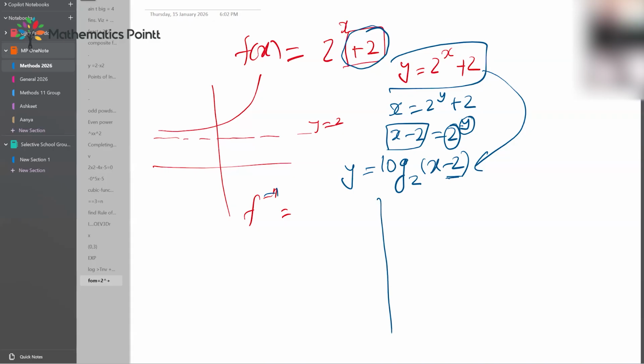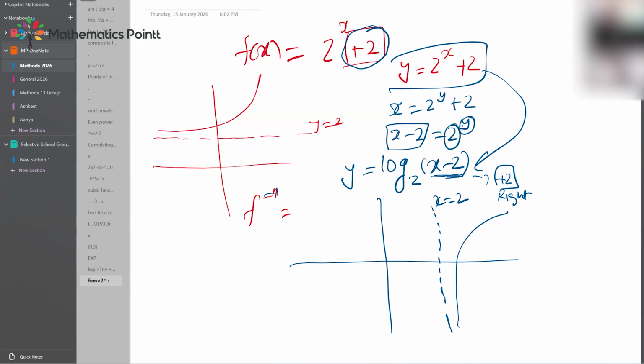So if I were to draw a graph of this logarithmic function, I'll have to look at it. X minus 2 means that I have pushed the log graph 2 units to the right. So this is x equals 2. And that's how the graph will look like. This is x, this is inverse.